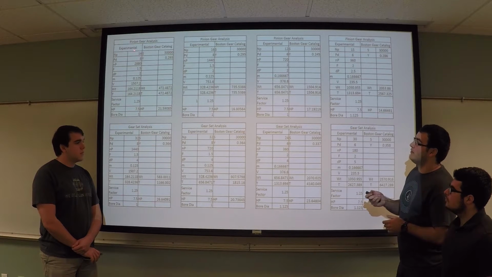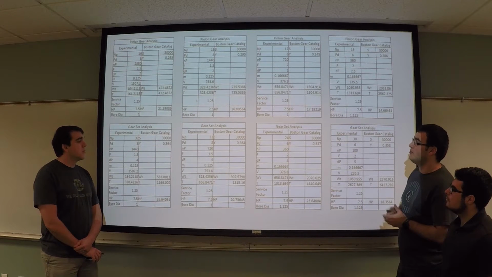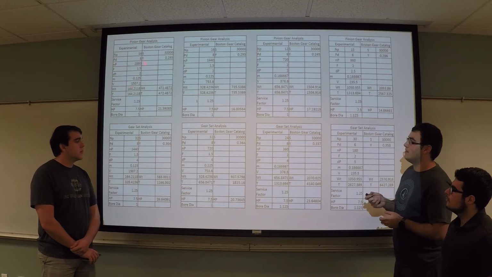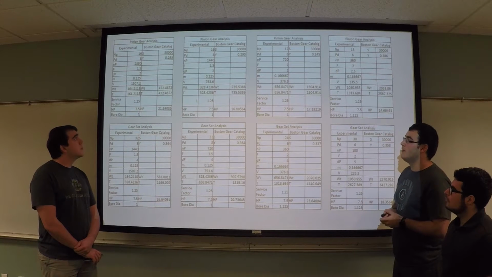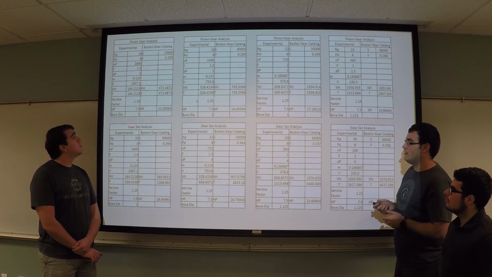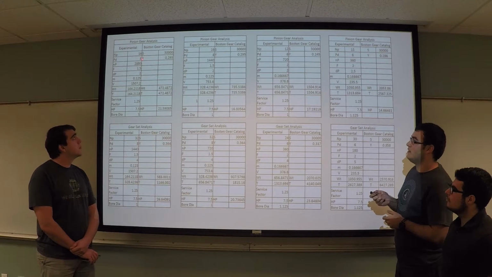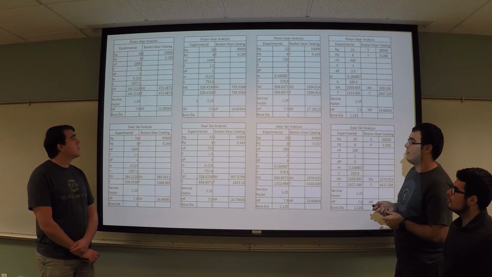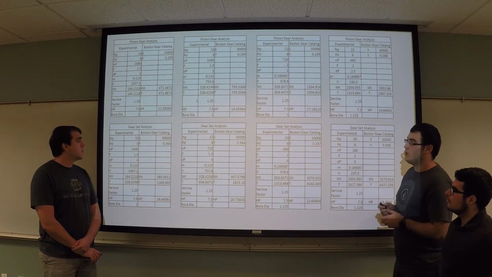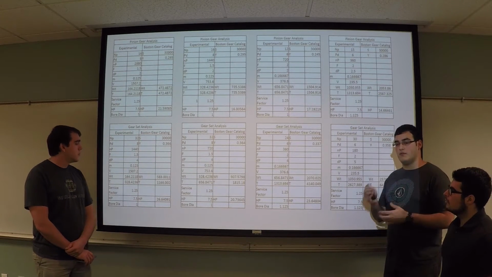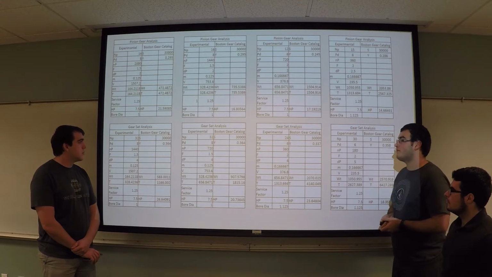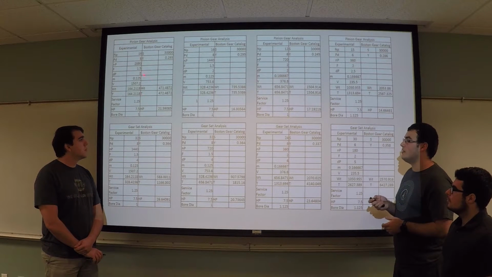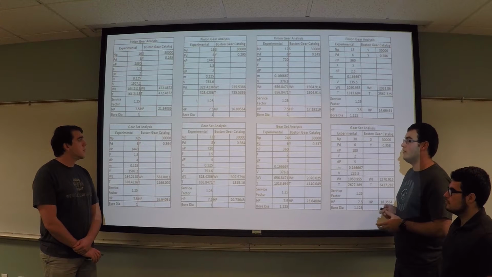Here you can see, for example, this first table shows the analysis for the first input gear, which is then mated to this gear on the bottom here, which, as you can see, is a 16-tooth gear mated with a 32-tooth gear, which would give a theoretical gear ratio of 2:1. So for every 2 revolutions of the input gear, we have 1 revolution of the output gear.